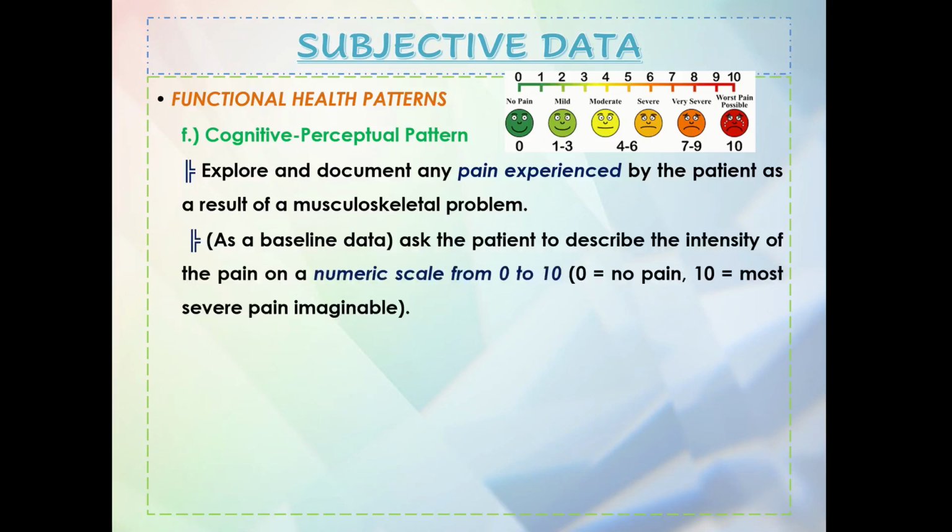So as a baseline data, you have to ask the patient to describe the intensity of the pain on a numeric scale from 0 to 10. So this is like yung kanyang illustration. So 0, no pain, 1 to 3, mild, and then 4 to 6, 4 is moderate, going to 6 is severe, 7 to 9, you have very severe, and the worst pain is 10.